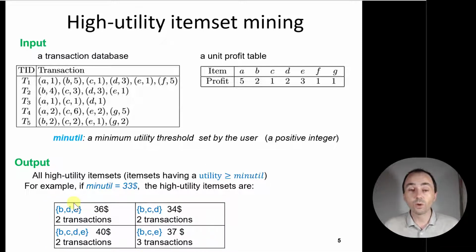So we try to find all the sets of items people buy together that make at least $33. So the result is like this. BDE together, bread, dates, and eggs, make at least 36. So it is a high utility item set. BCD together make at least 33. So it is also a high utility item set, and so on.